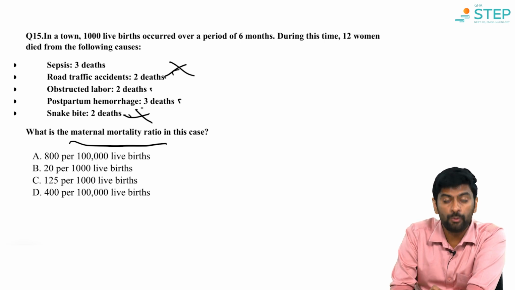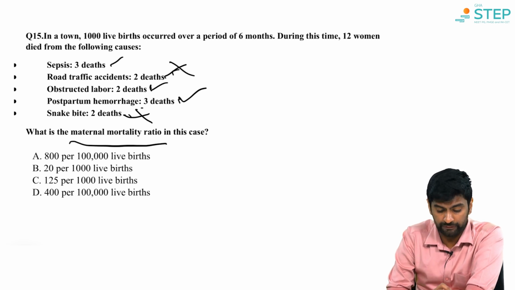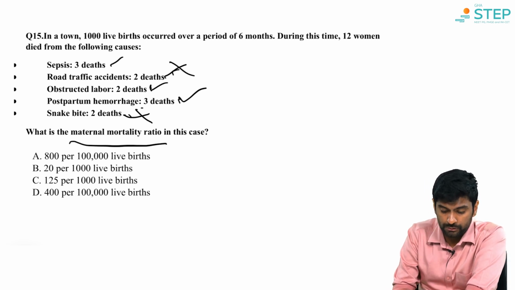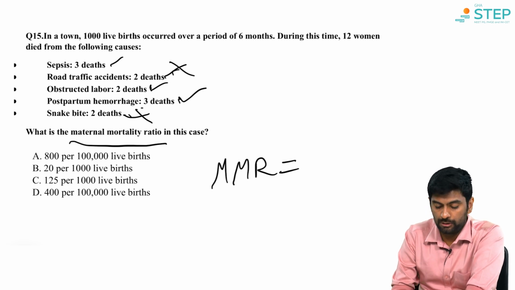So you just add up only those which are related to obstetric causes. So 3 sepsis deaths here, 2 obstructive labor deaths here, that adds up to 5. And then postpartum hemorrhage is about another 3. So a total of 8, correct? So if there are 8, now maternal mortality ratio is going to be given by the total number of deaths which are occurring due to maternal causes.